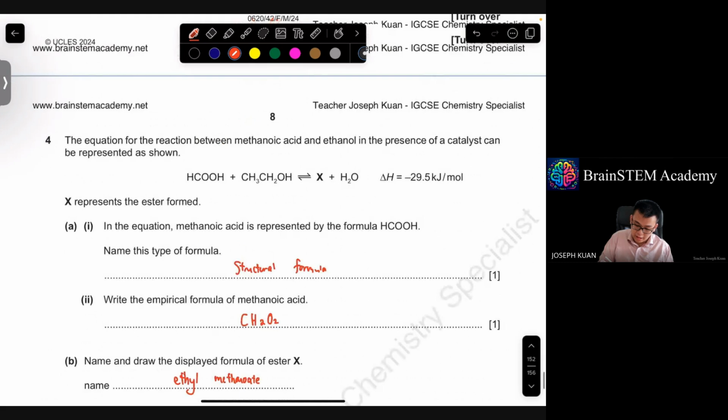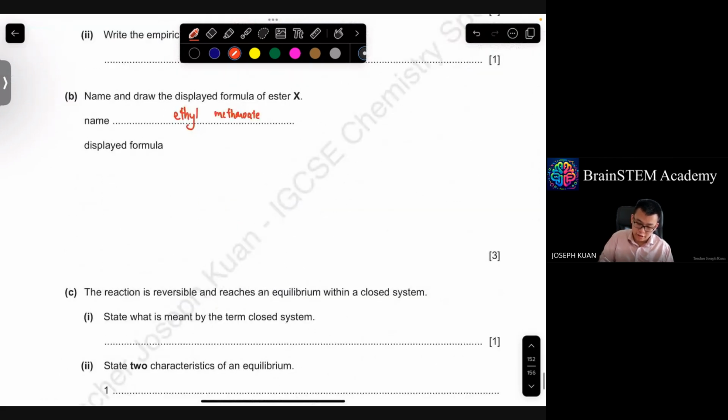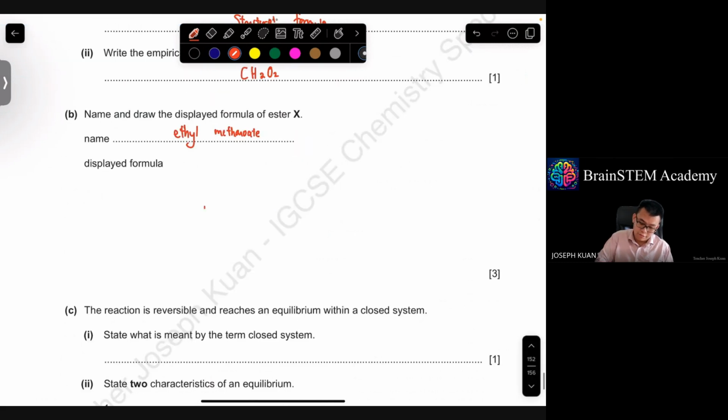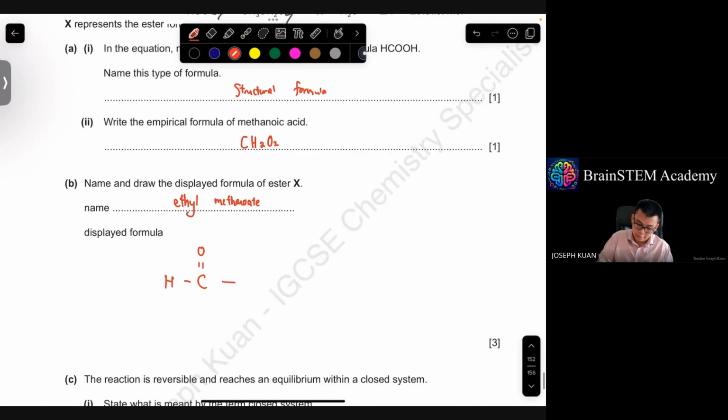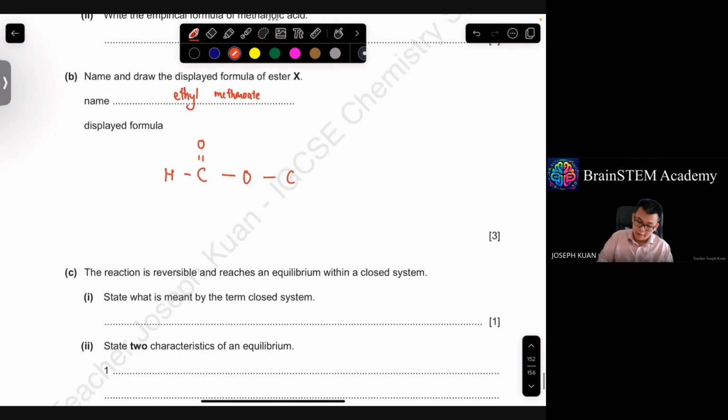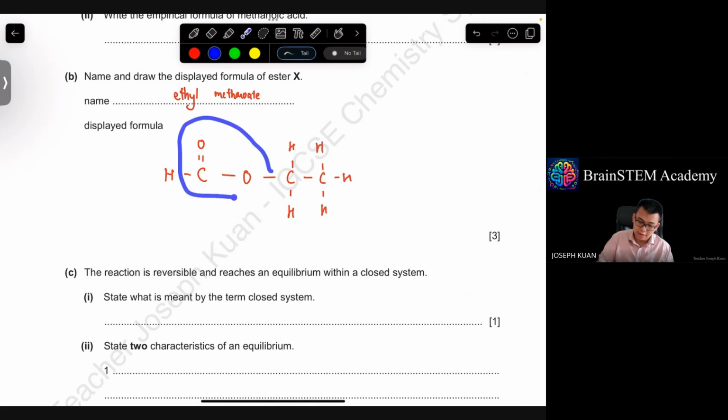You have to know that this is a condensation reaction, meaning you will remove a water molecule, as shown here. So after taking away water, you're left with the methanoic part plus the ethyl part. And also, allow me to draw your ester linkage, which is C double bond O, O.